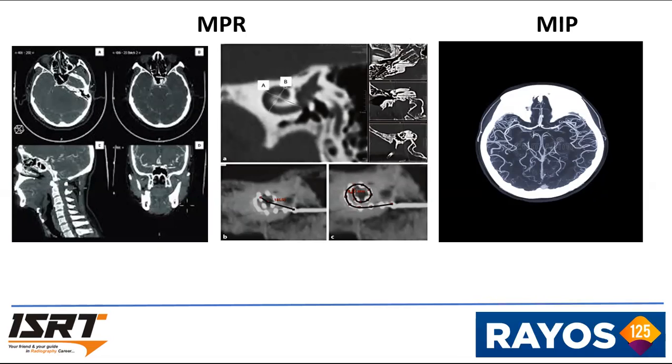Such pixels or such slices you select, stack together 5 or 7 or 10, then you will get a thick slab or a thin slab. That is why it is called maximum intensity projection. Maximum intensity projection is very useful in angio studies.